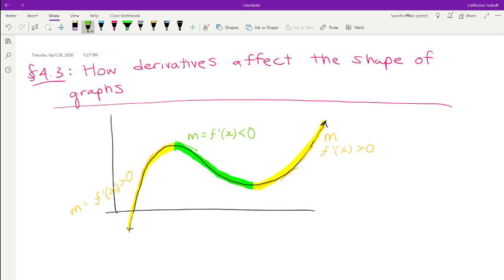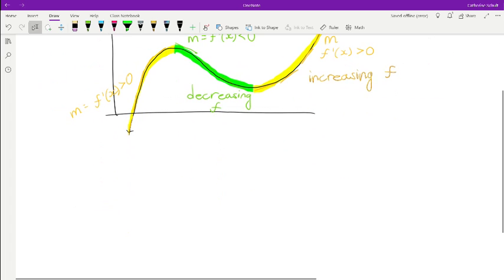So just using the derivative, we can tell where our function is decreasing or where our function is increasing. Putting those concepts together, that's called the increasing-decreasing test.